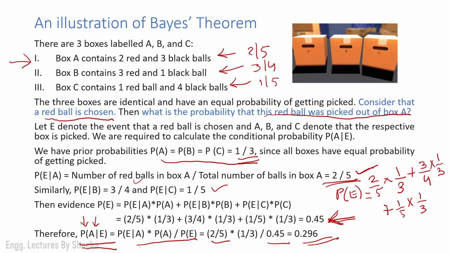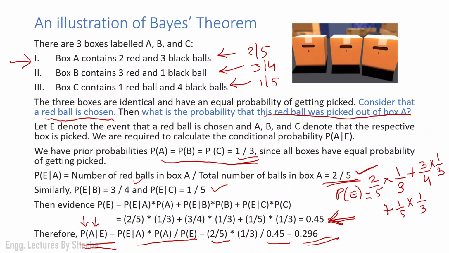So, given that the event already occurred, that a red ball was picked, the probability that it came from box A is 0.296.